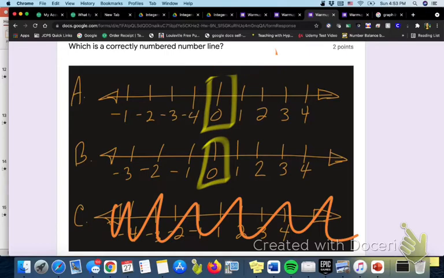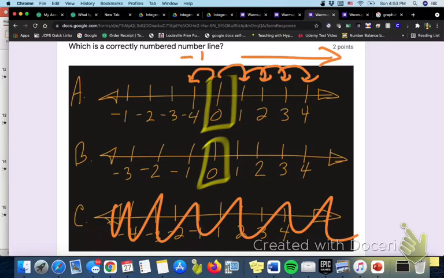The way that a number line works is that when you move in the positive direction, your numbers are going up, increasing by positive numbers. So for example, 1, then 2, 3, 4, and so on. But on the left-hand side, it also goes up from 0 in that same order. What I mean by that is the first number to the left of 0 is a negative number, but it should be a -1.